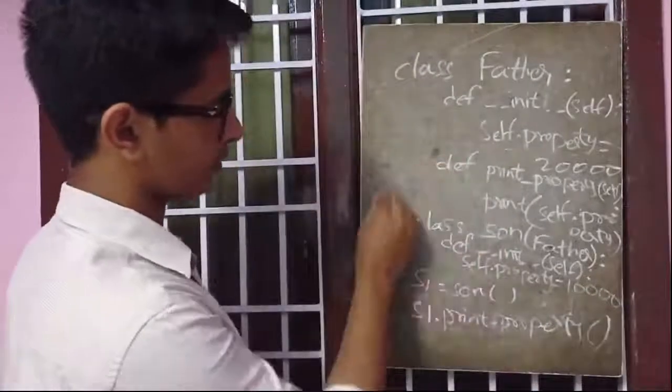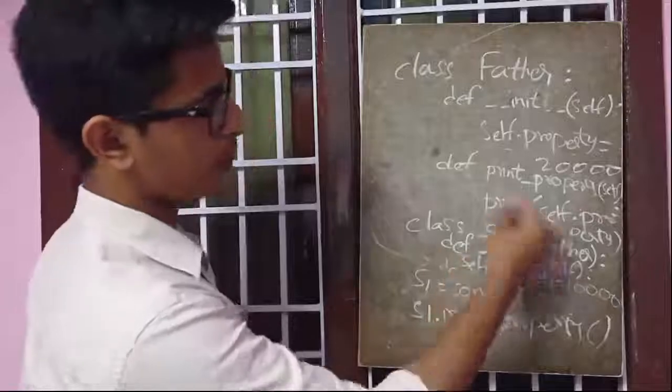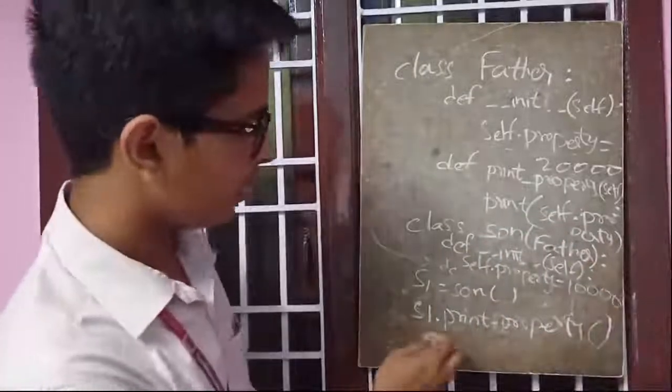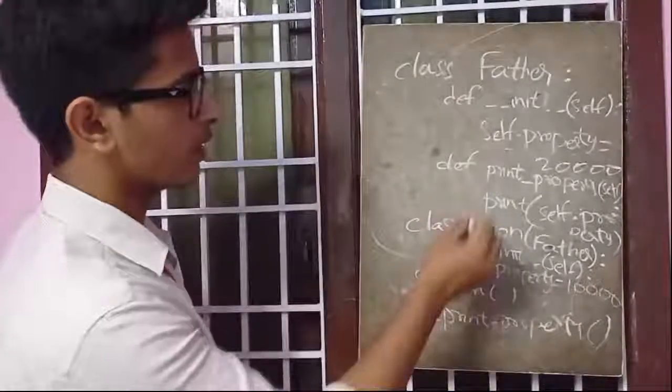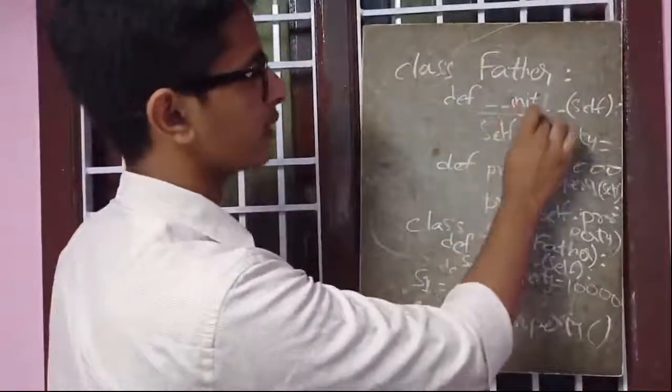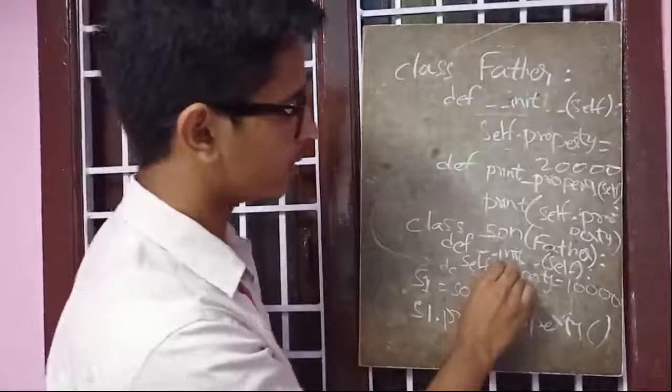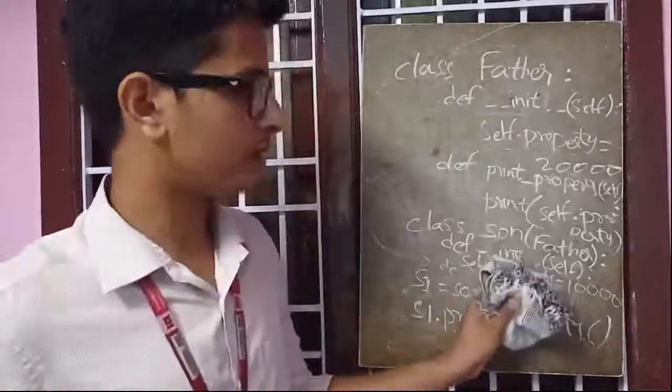Here the same method, print property, self print property, and in this case we get output as 10,000, because the same method init, the constructor, is also defined in class son.